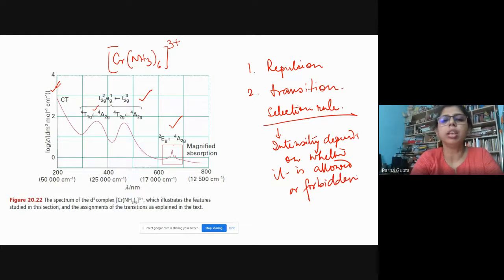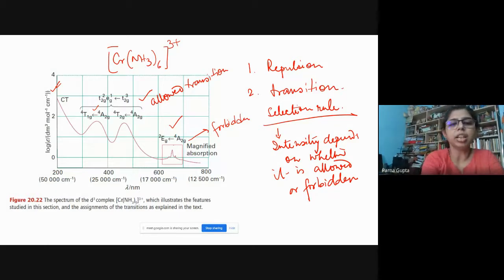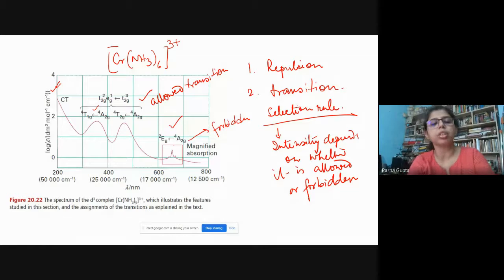So you can see that here it is very low intensity, so it is forbidden, and these are allowed transitions. Now, this charge transfer will come separately. This is not within the d system.